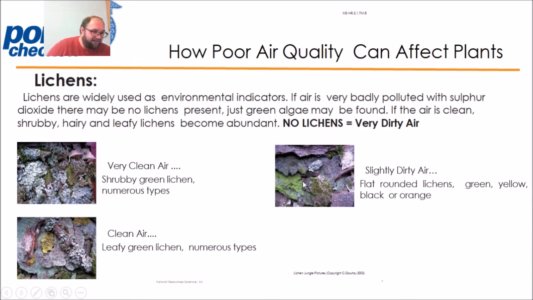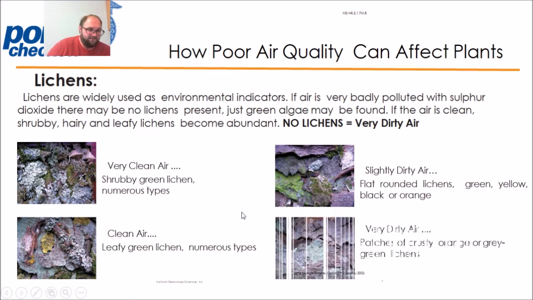See, we've only got a little bit of lichen, and they're flat, and it's kind of yellowed. They might be black and orange. That means that the air quality is not that great. And then, this is what happens with really dirty air. Patches of crusty orange or gray lichen.